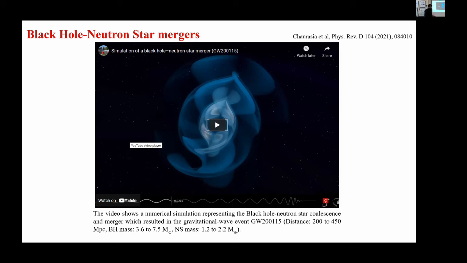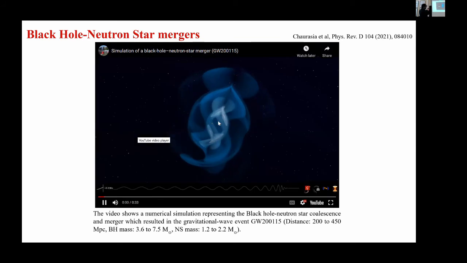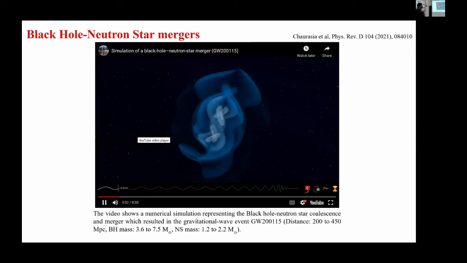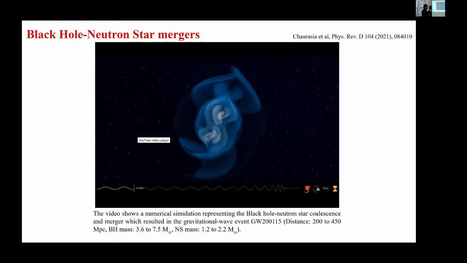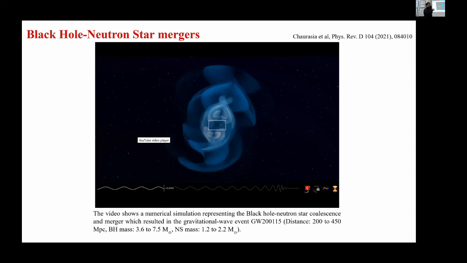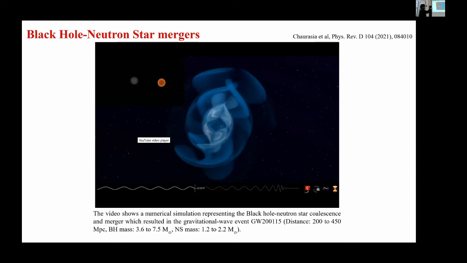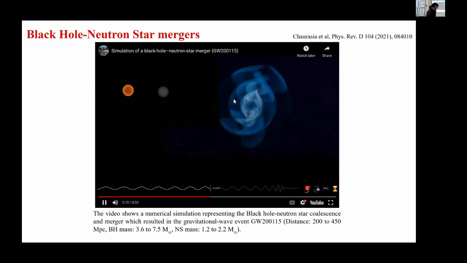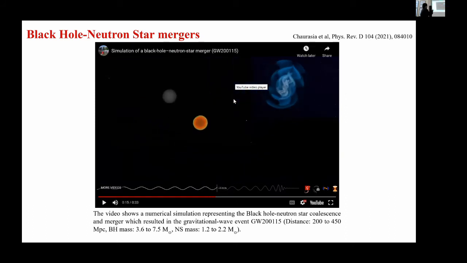And here is another movie of a black hole neutron star merger. This particular simulation was done for the press conference of the detection of this event, which was the first. There was another event alongside, but this system here is close to this merger.